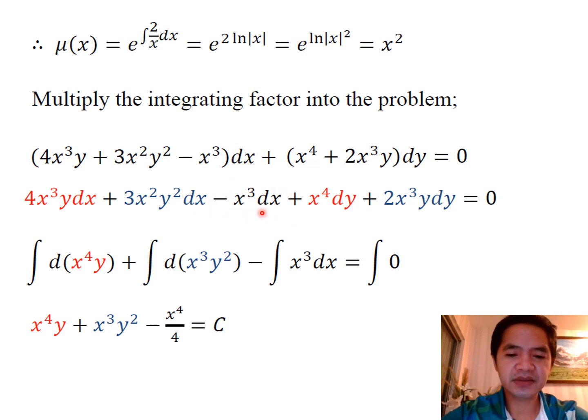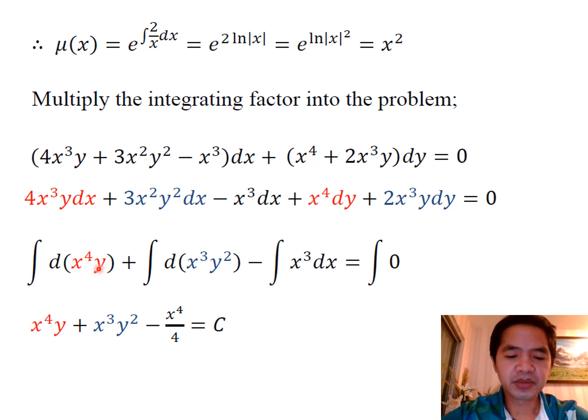This is a function of x only, dx, so you can do the integration. x to the fourth dy, and this contains x and y, so it's coming from a du/dv. And this also is coming from du/dv and this du/dv. So now find the right combination. From here we get the combination of x to the fourth and dy.